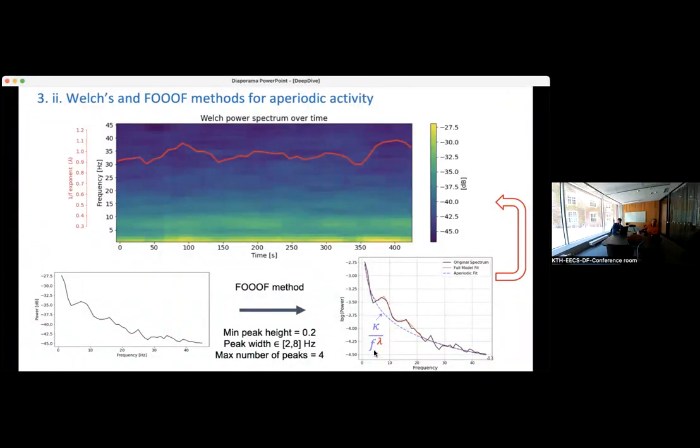What we are interested in is this lambda, which will tell us how steep our power spectrum is. So it will give us some insight on how excitation and inhibition change, in this case over time. This is an example of a trace of lambda. It will usually be close to 1.